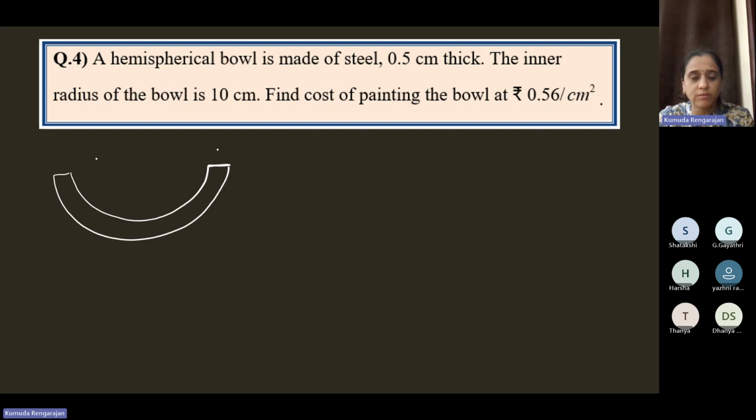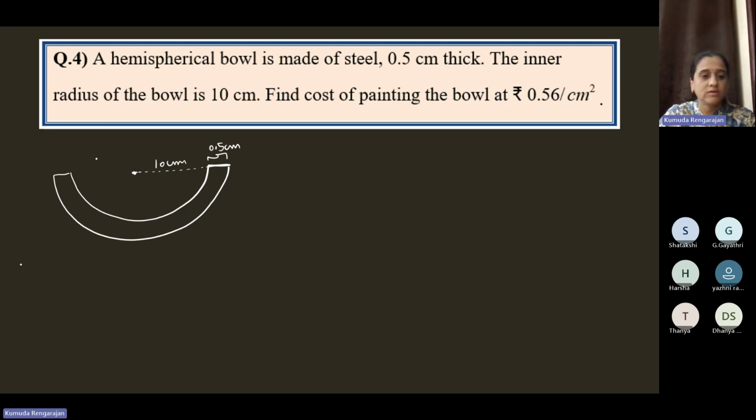So what's the thickness of the bowl? 0.5 centimeters. This is almost 1 centimeter, this is not 0.5. Okay, a little more than 0.5, but fine. And the inner radius of the bowl is 10 centimeters.